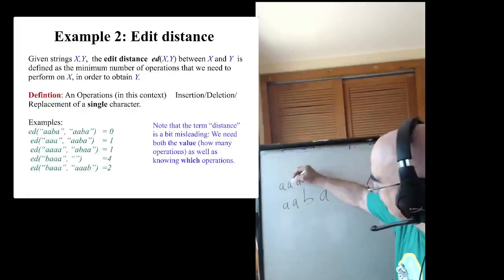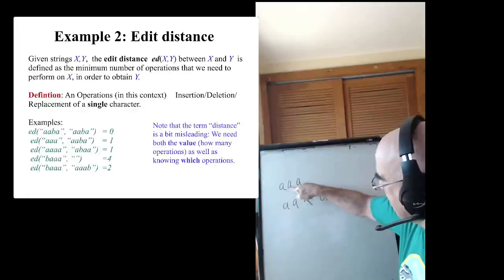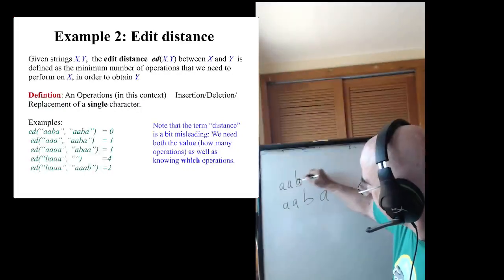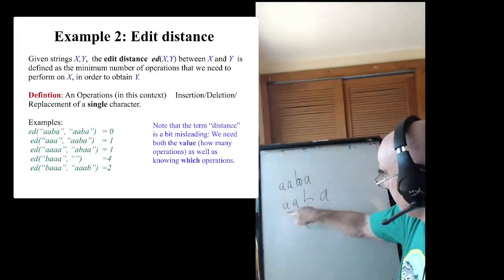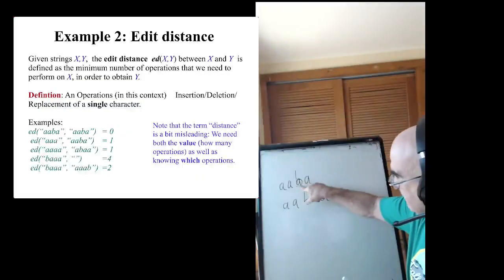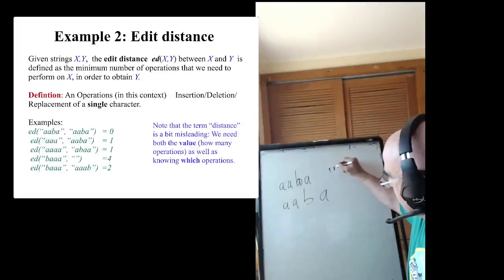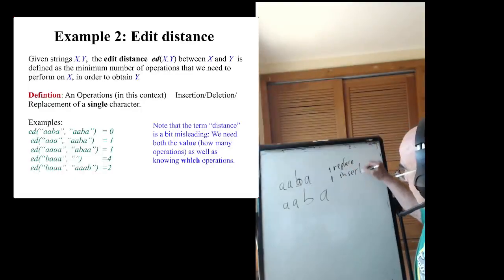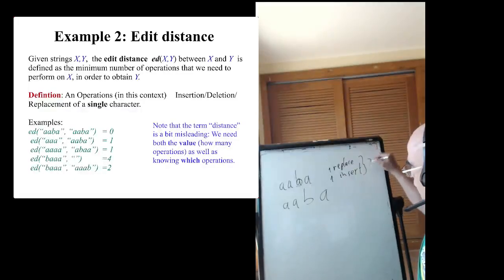Maybe I want to replace this character by A, replace this character by B, insert another A, and you'll get this. So you can get it by one replacement and one insert, 2 operations.